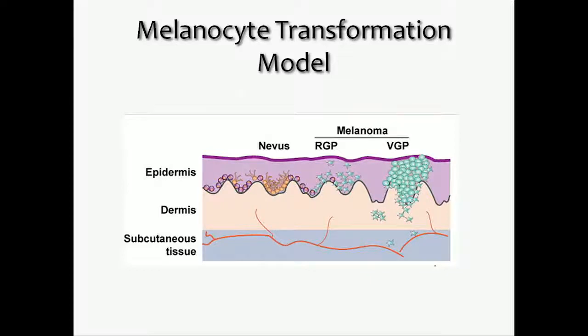So for the residents, we do talk about melanocyte transformation, malignant transformation to melanoma. One thing we should think about for the moment is where the melanocytes are located. Epidermal melanocytes on the skin, or interfollicular melanocytes.